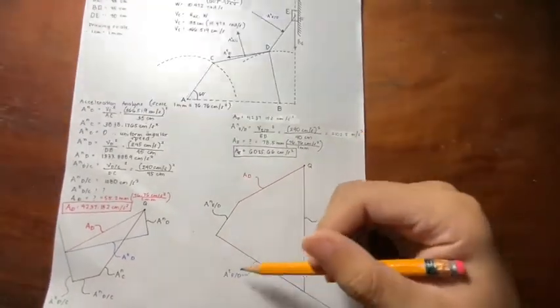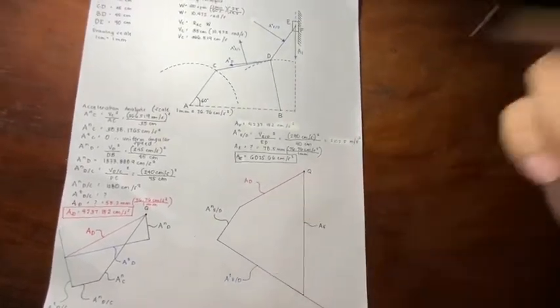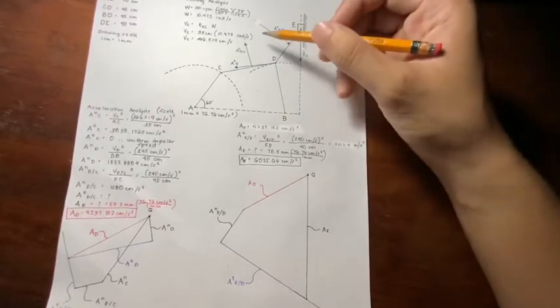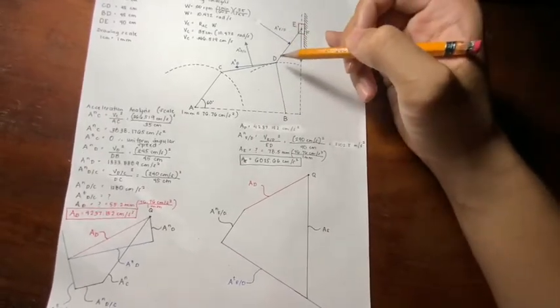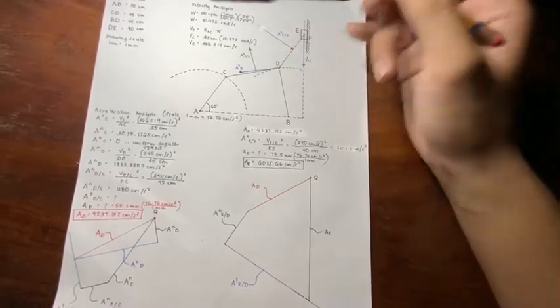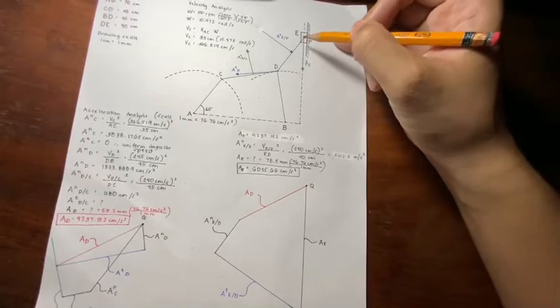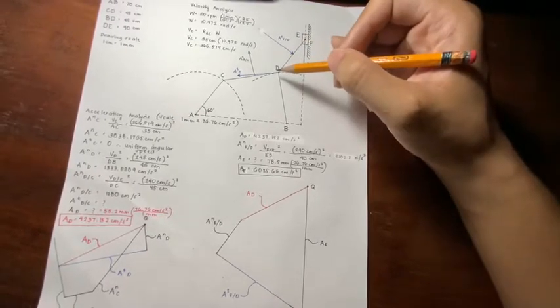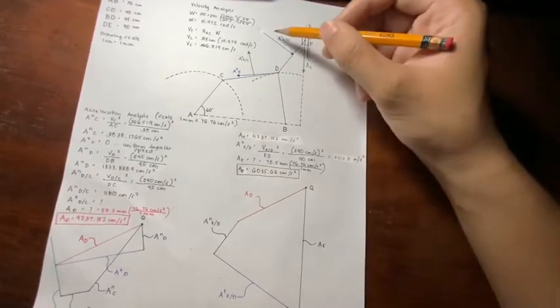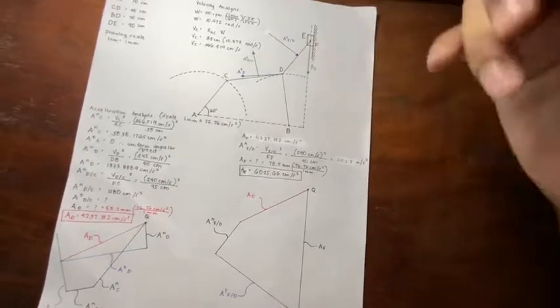It's now time to draw the tangential acceleration of link ED. We don't know its magnitude, but we know its direction, which is perpendicular to link DE, and also tangential in the rotation of link DE, which is a semicircle somewhere here.